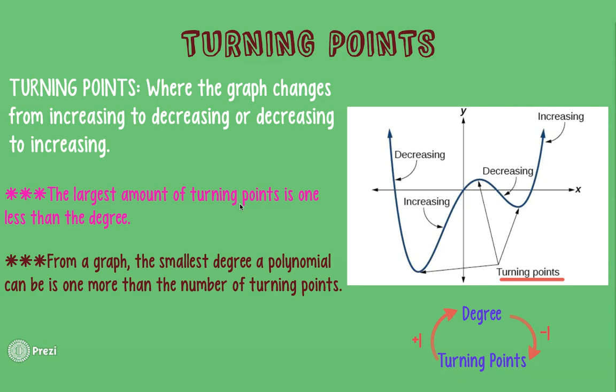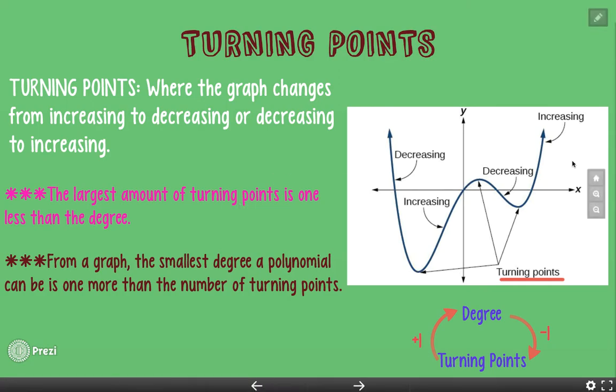So that means it could have less than 1 less than the degree. Technically, this could be a degree 10 graph because 3 is definitely less than 10, and the most that a degree 10 graph could have is 1 less than it, which is 9. That's the largest amount of turning points though. So that's why we say the smallest degree that it could be is 1 more than the turning points.